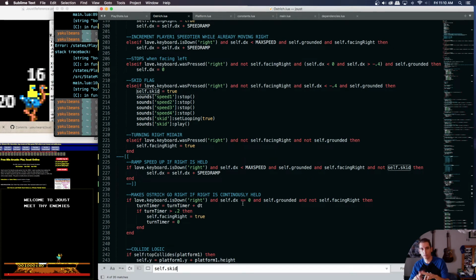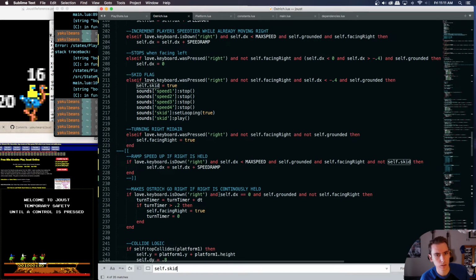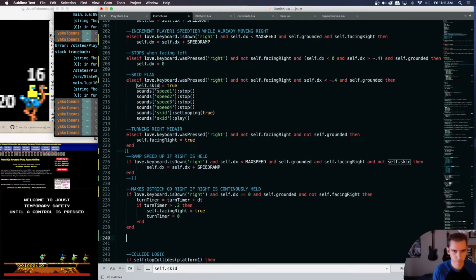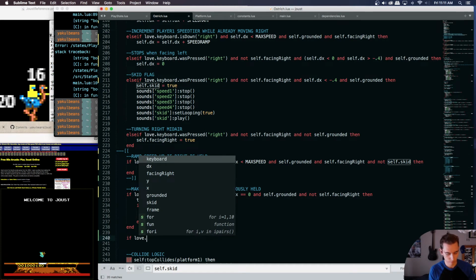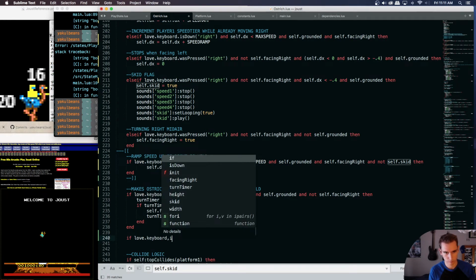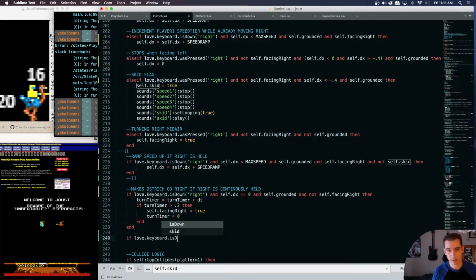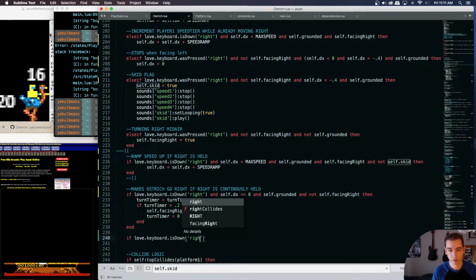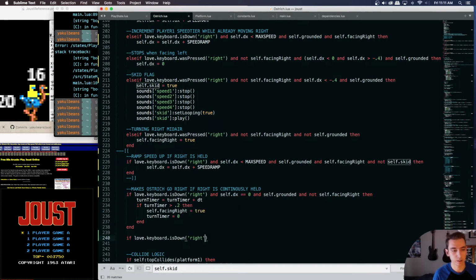So if two are held down, then swap its current dx. Does that make sense? I have no idea how they must have programmed this on little arcade machines, on Atari or however they did it.